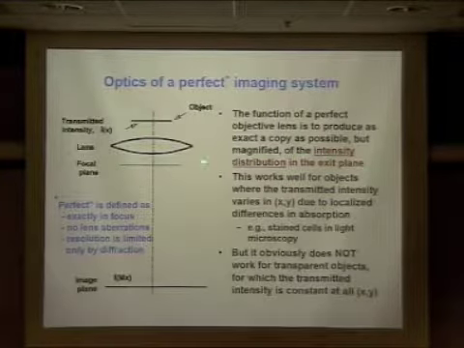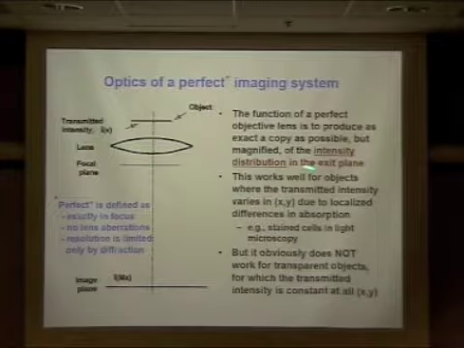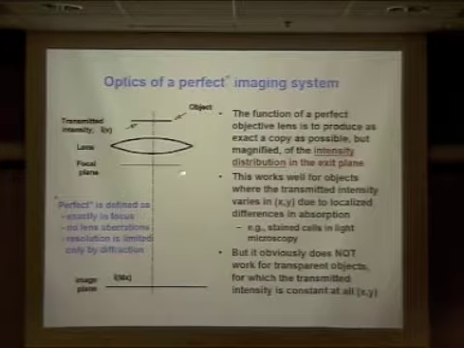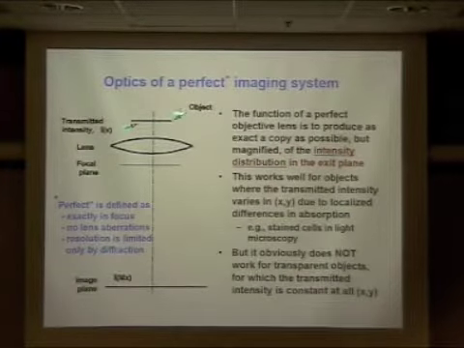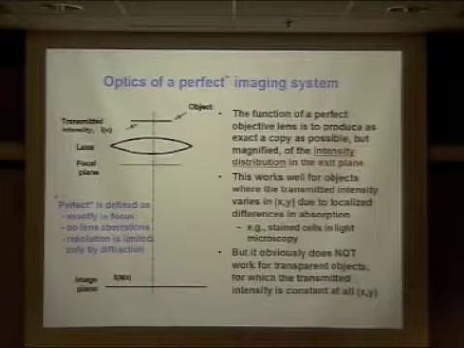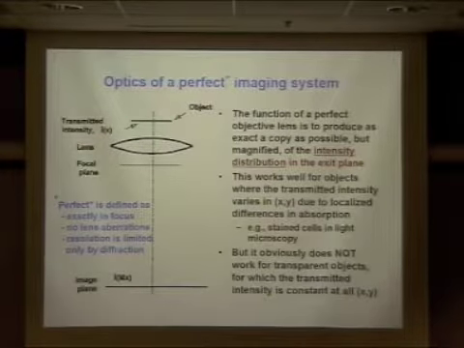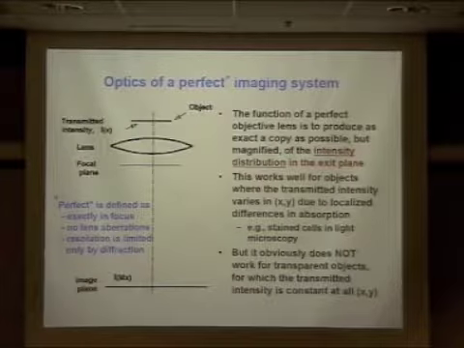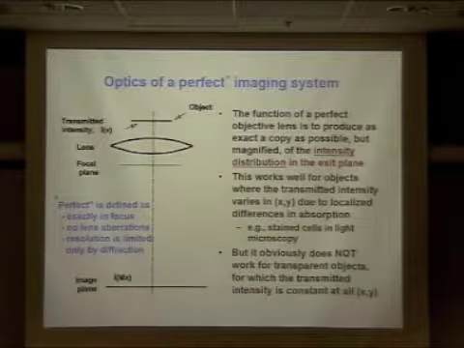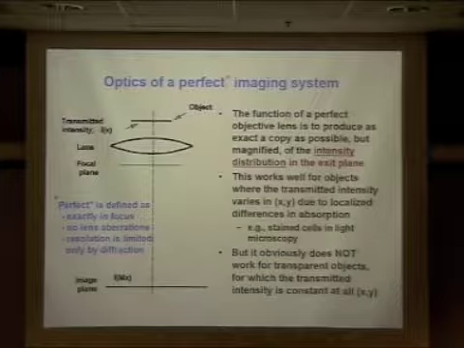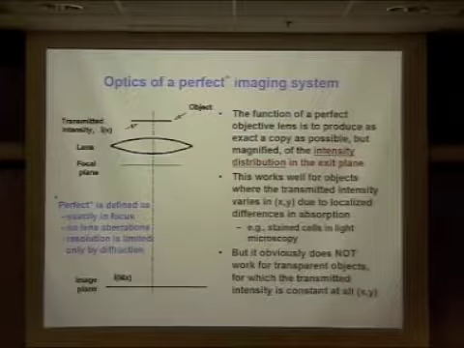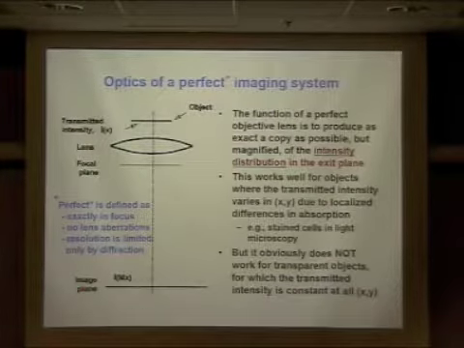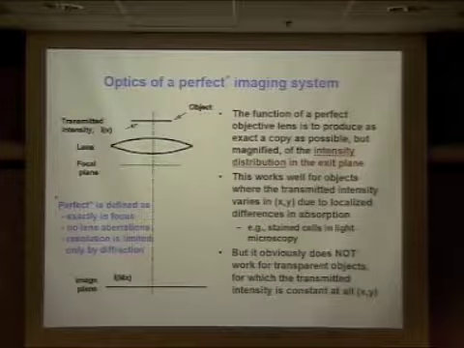So having a perfect lens works very well for objects in which the intensity in the exit plane varies with X and Y. As in the case of a light microscope where you have some stained cells, something stained, and there's amplitude or intensity modulations, then you want to image those as exactly as you can.